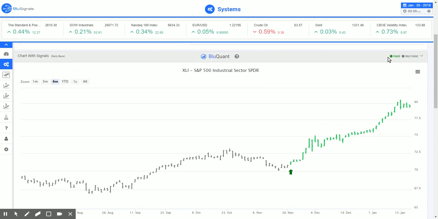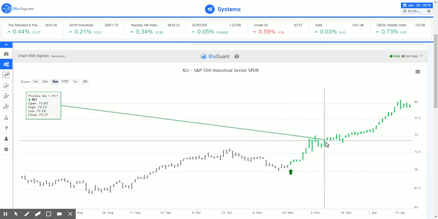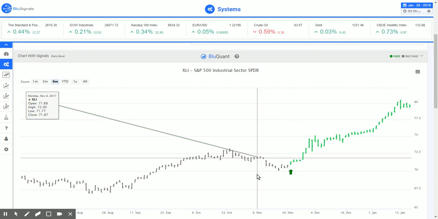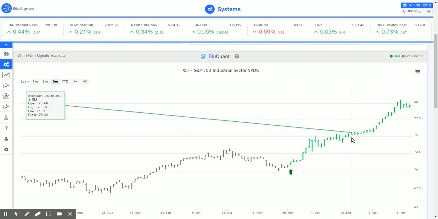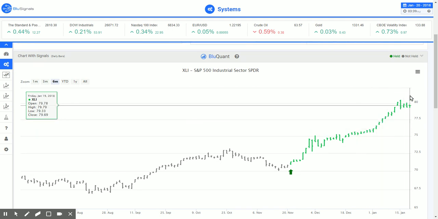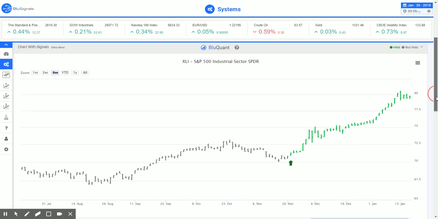And what the chart reflects is the period that the symbol was held as an open position will be reflected by green bars, and not held, of course, is in gray bars. Once the sell signal arrives, the green bars will end, and there will be a red sell arrow indicating the exact bar that the sell signal was produced on.